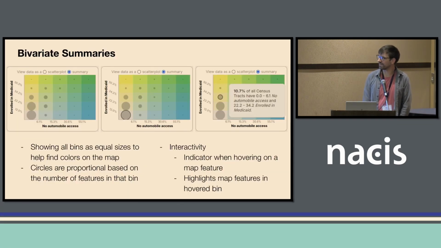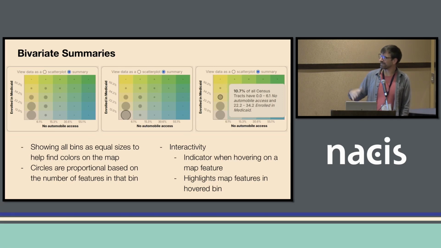And the other visualization is more of a summary. Because the grid cells are all the same size here, I think it works a little bit better as a map legend than the scatter plot does. We also have circles within it that are proportional to the number of features in each of those cells, so you can still see the trends in the data.